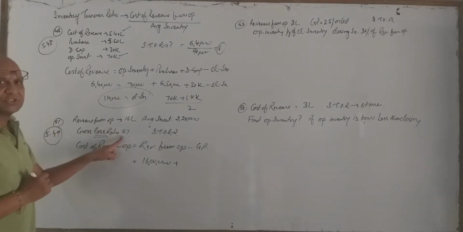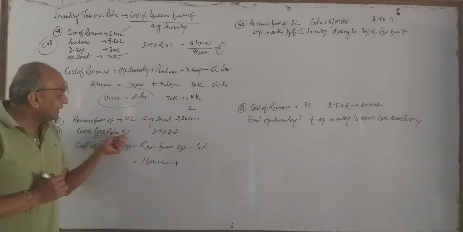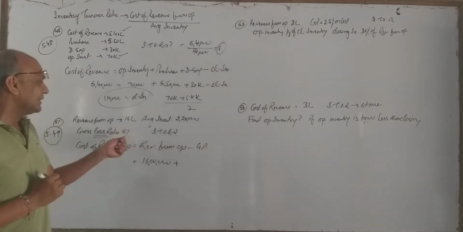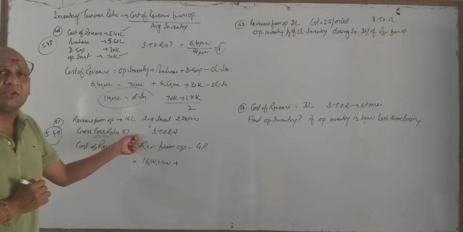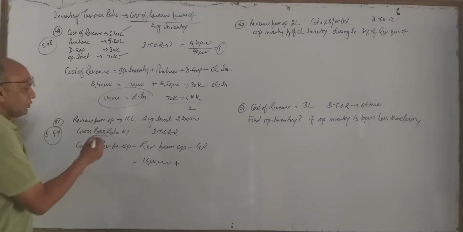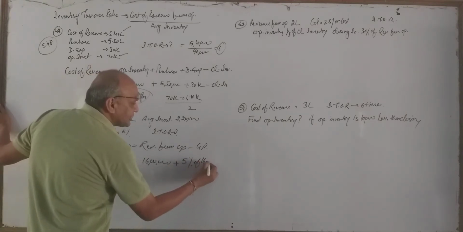It is given 5%. In my previous video I told you, here it is not written 5% of what. So I told in my previous lecture, when the percentage base is not given, the percentage is always taken on revenue from operation. So our gross loss will be 5% of 16 lakh, which is 80,000.